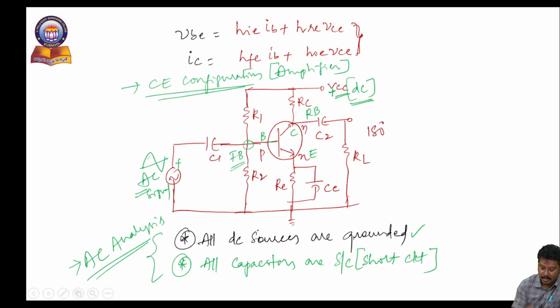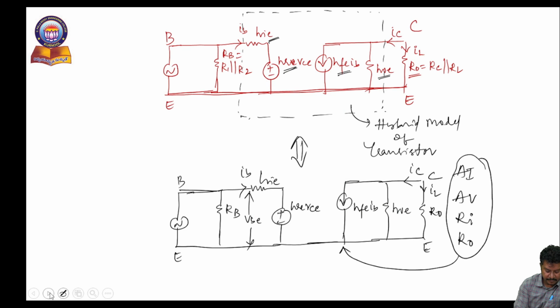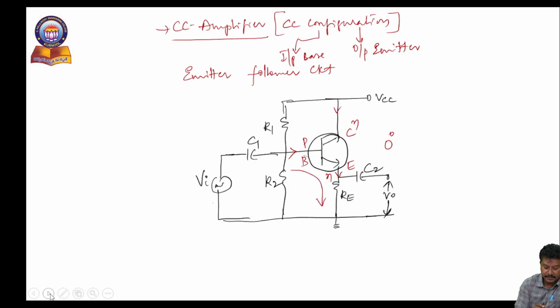Because in common emitter configuration, we apply the input across the base terminal and the output is taken across the collector terminal, and the base and collector signals are in opposite directions. So that's why we get a phase shift of 180 degrees. That is also a very important point to consider.